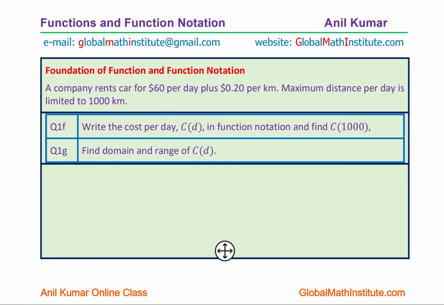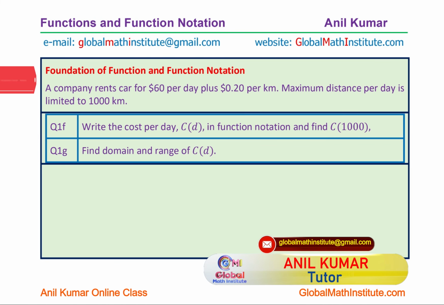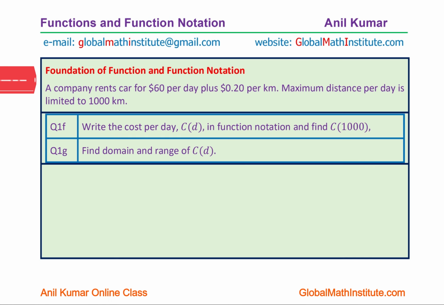Now comes the question on function notation. It says, write the cost per day, C of d, in function notation and find C of 1000. In a way, we have answered this question already. In function notation, what we really do is write the dependent variable in terms of the independent variable.